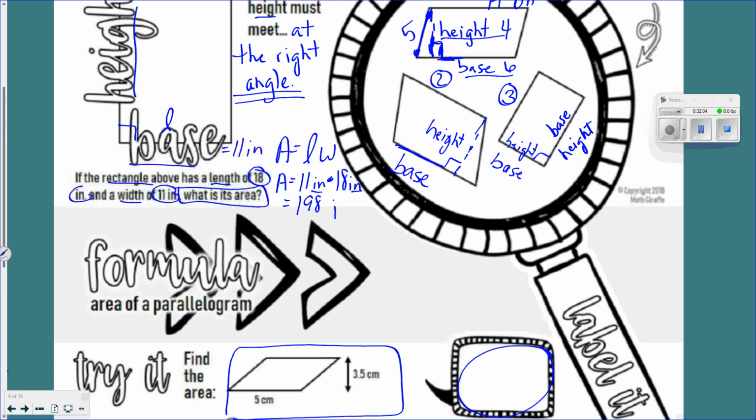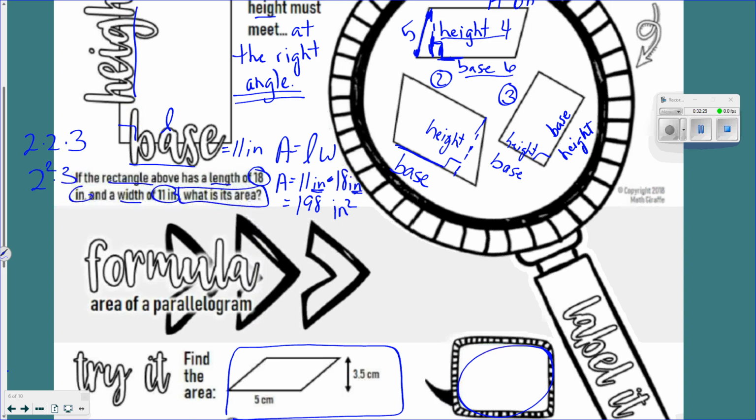Okay? We just did prime factorization, right? And I said if I had 2 times 2 times 3, how can I write that in exponential notation? 2 squared times 3. Correct? Well, now I have inches times inches. I can't really do inches times inches, can I? No. So I write it as inches squared. That's showing it's inches times inches.